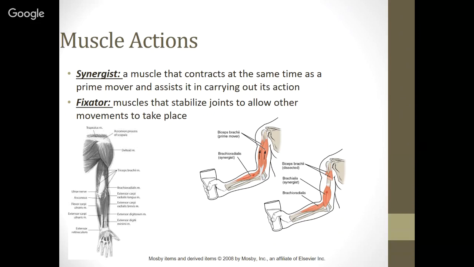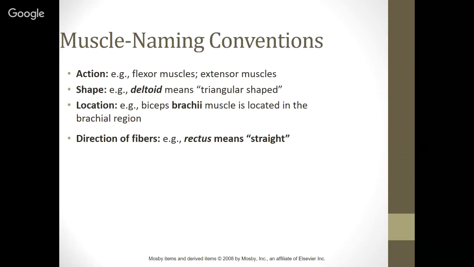So imagine if you were raising the glass and all of a sudden your glass tipped over because the muscle in your shoulder that holds that joint steady as you raise the glass isn't working. So that fixator muscle in your shoulder stabilizes your arm so it comes up in one direction and doesn't tip.